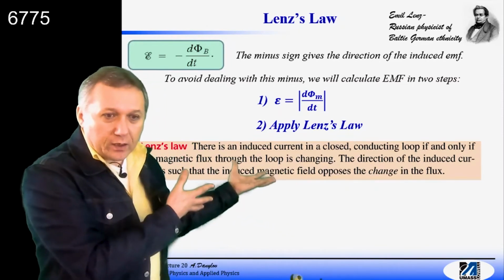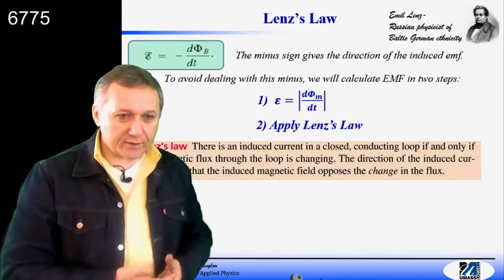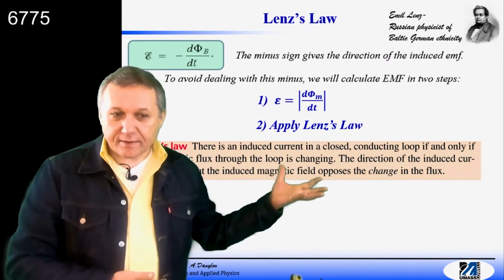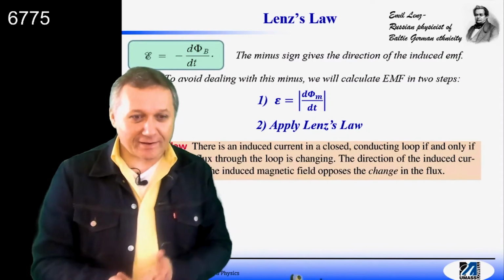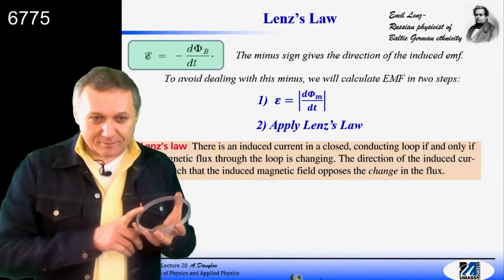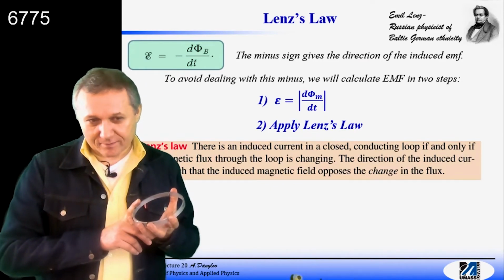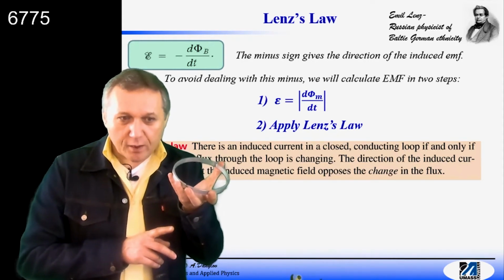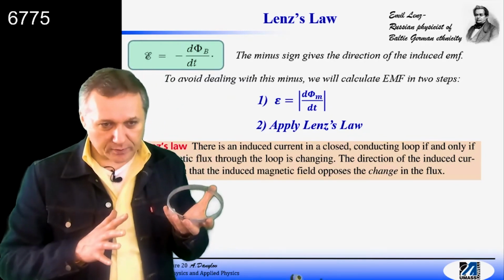So now our system, our loop, which is exposed to the magnetic field, what does our system not like? Our system doesn't like changes in magnetic flux. The loop wants to keep the magnetic flux as constant, as steady as possible.